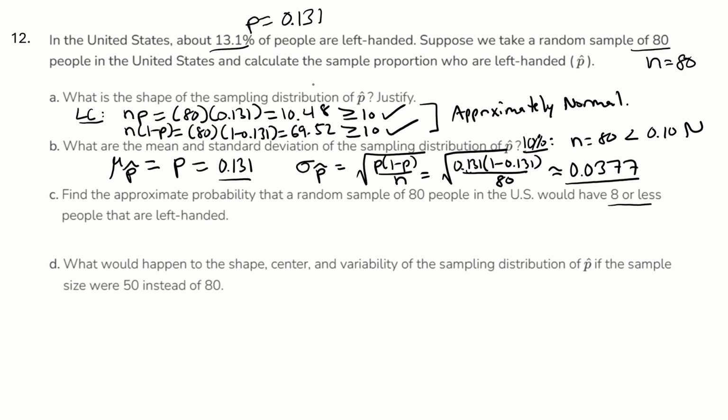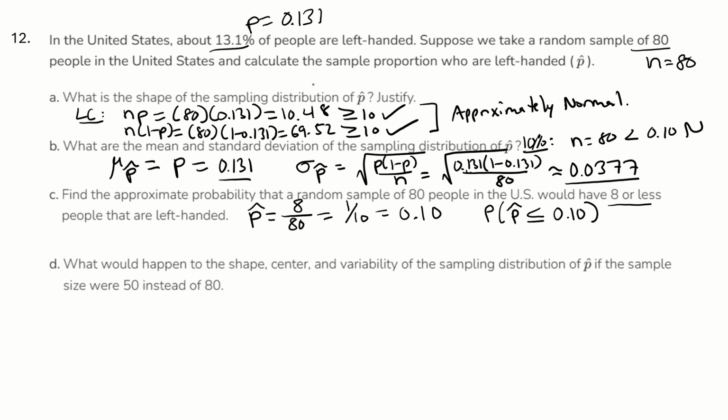That means if we use 8, my p hat is 8 out of 80 people, which is 1/10 of the sample, which is 0.10. So we want the probability that p hat is less than or equal to 0.10, right? 8 or less. That's what they want.